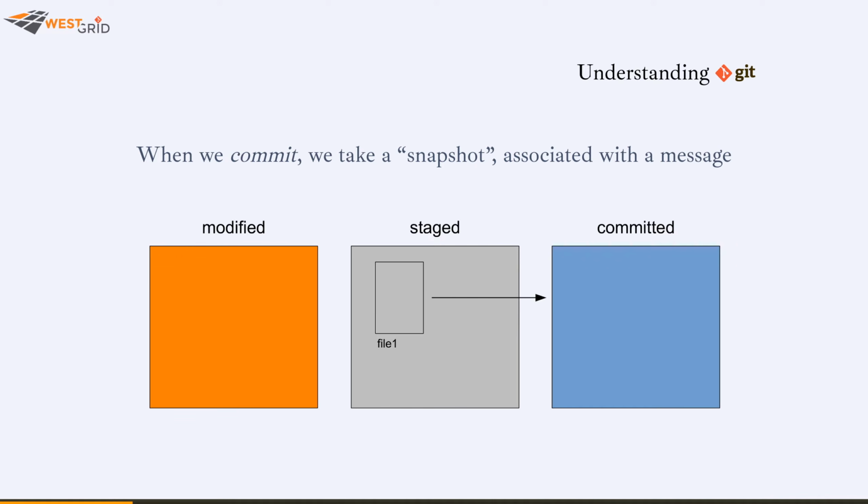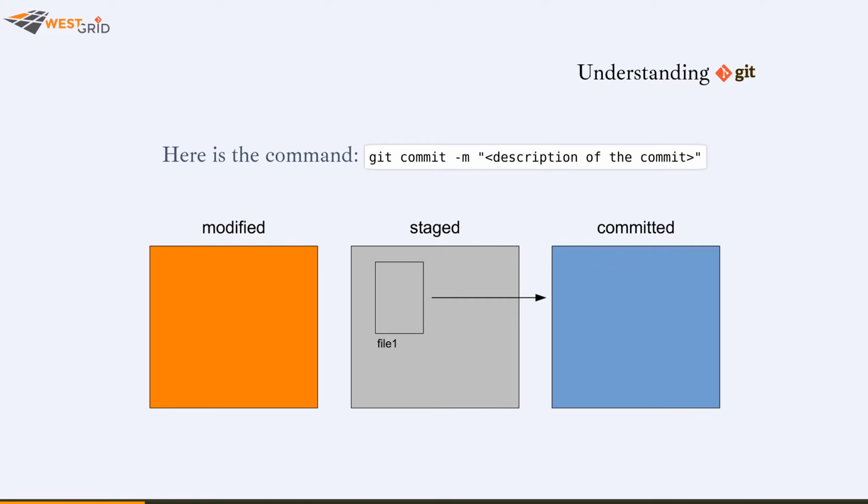When we commit, what we really do is take a snapshot of the project associated with a commit message. The message describes what we are committing. The command is git commit -m for message, and then your message, which is a description.